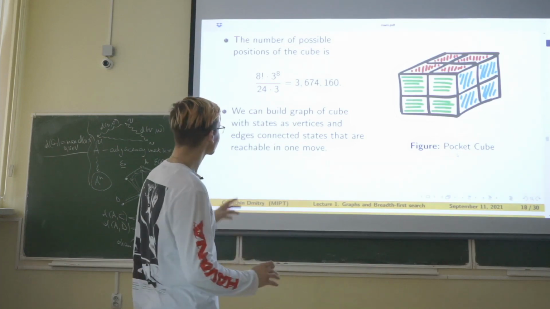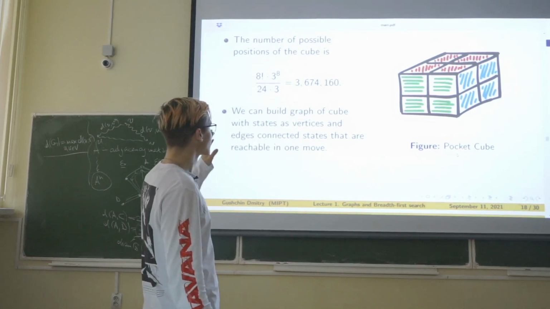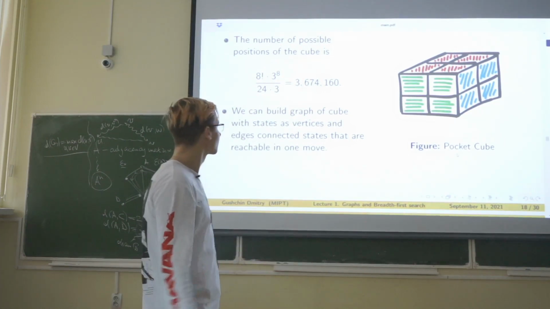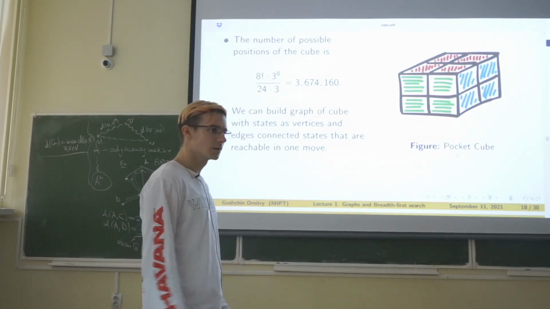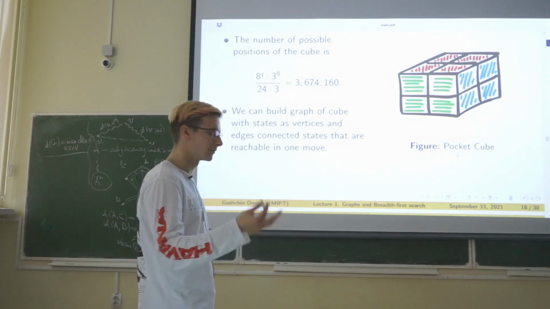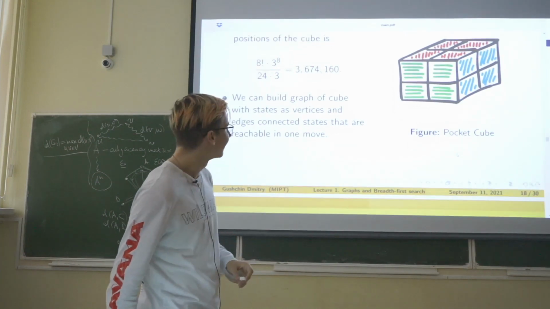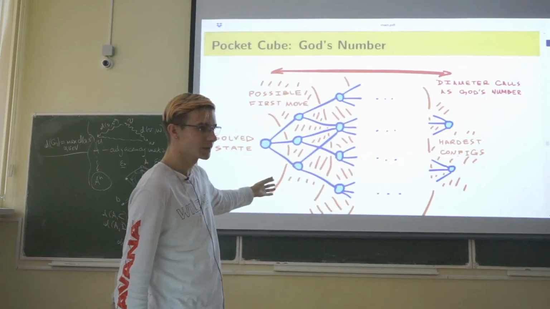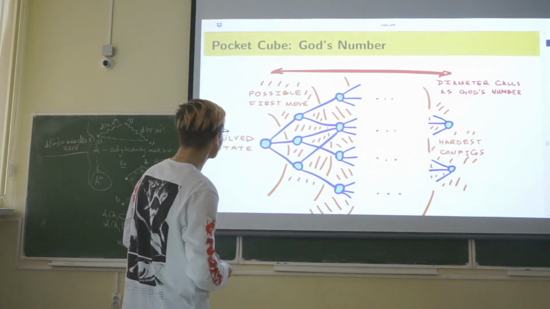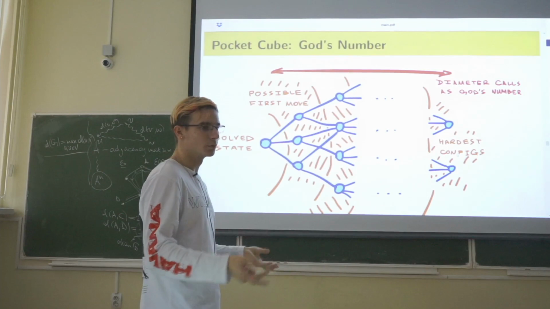So it doesn't matter how it counts, but you can understand that there are finite states. You have a cube, and there are only finite states that we can get when we transform it. And then we have finite states, and we connect two states with an edge when we can get from one state to the other in one move.